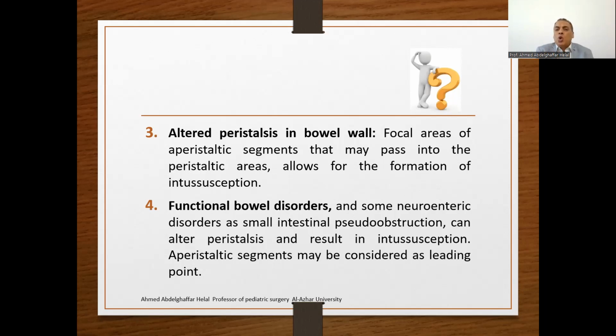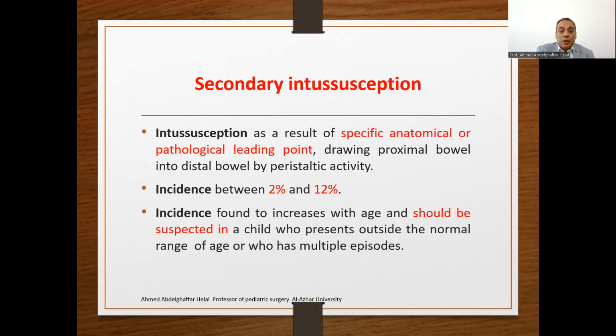There may be abnormal anatomical defects. There may be affection of the peristalsis. There may be functional bowel disorder and some neuroenteric disorder. Pediatric surgeons must understand this series, trying to explain what is the etiology for the primary intussusception.